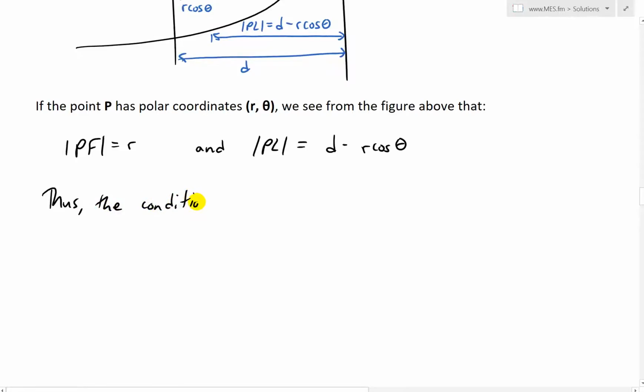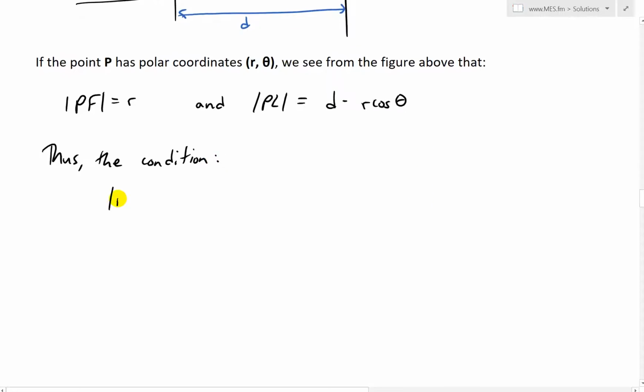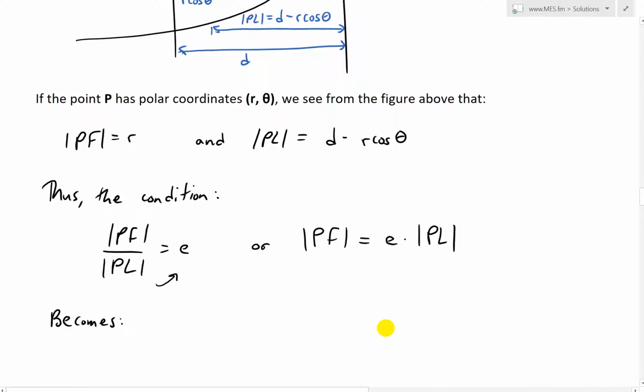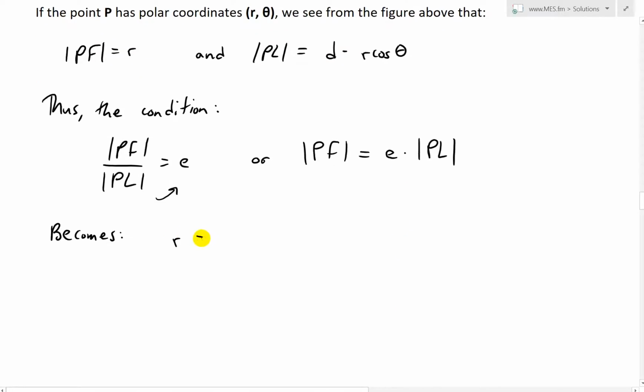The condition we have is the ratio PF over PL equals E, or we can just move this over like this and get PF equals E times PL. So then this condition becomes, in polar coordinates, r, since PF is r, equals E times D minus r cosine theta, like that, and circle this.